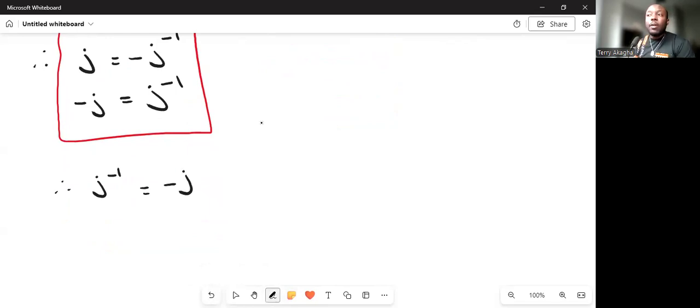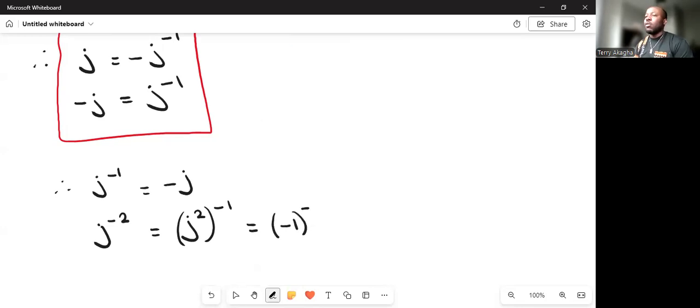Now, what about if we have J raised to the power of -2? Are you seeing it? So J raised to the power of -2 is the same thing as saying J raised to the power of 2 multiplied by what? All raised to the power minus 1. And from the last video, I told you J raised to the power 2 is the same thing as minus 1, raised to the power minus 1.